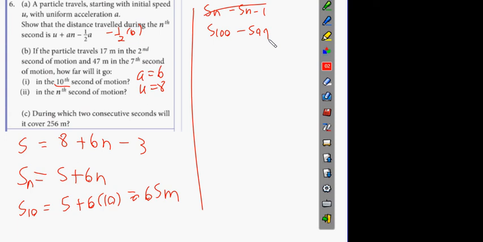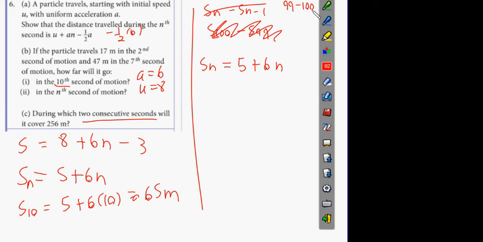Oh, consecutive seconds, lads, excuse me. Consecutive seconds is different. This formula Sn gives me the distance covered in any 1 second I want. If I replace n with 100, it tells me the distance covered in the 99th to the 100th seconds.